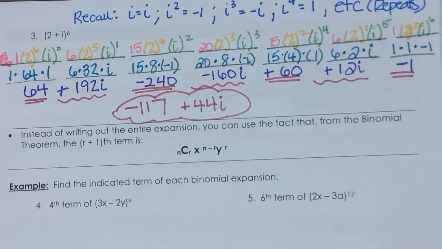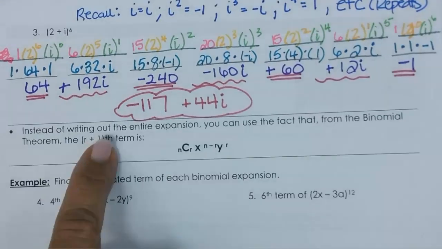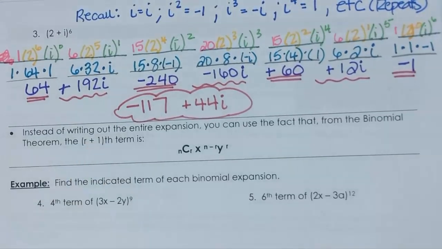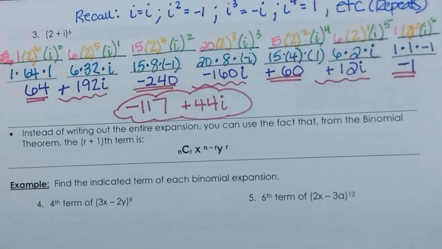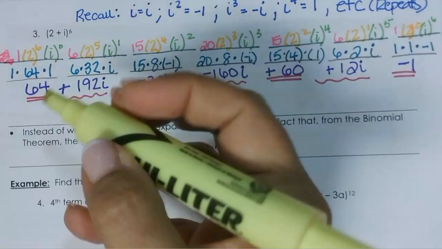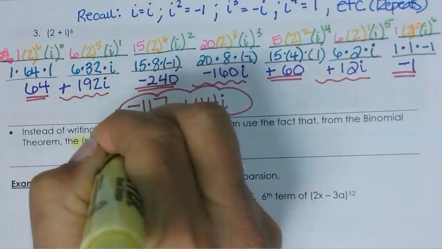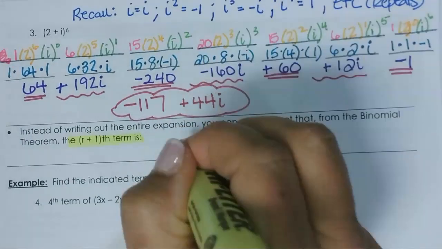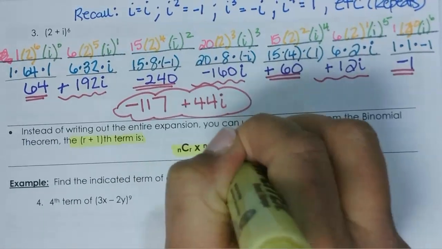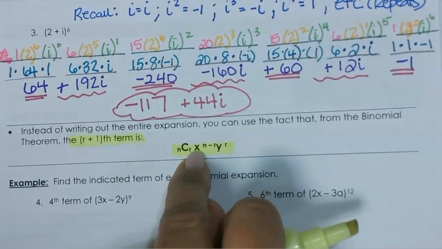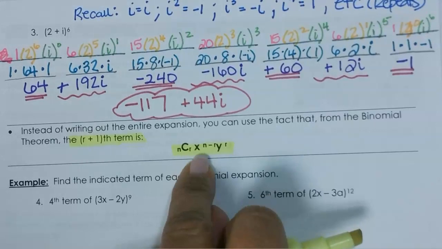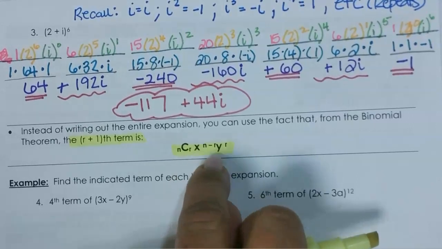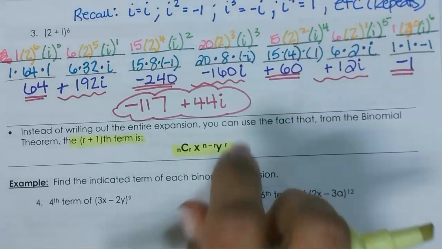And so instead of writing out the entire expansion, you can use the fact from the binomial theorem that the r plus 1th term is given by nCr, and then x to the n minus r, and then y to the r.